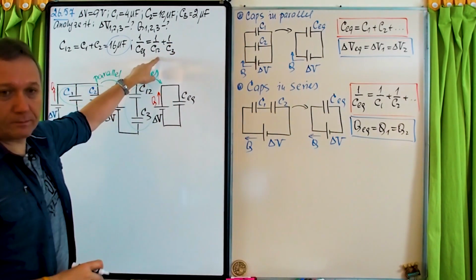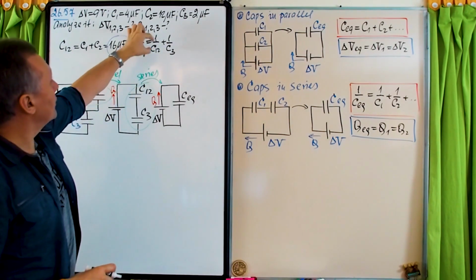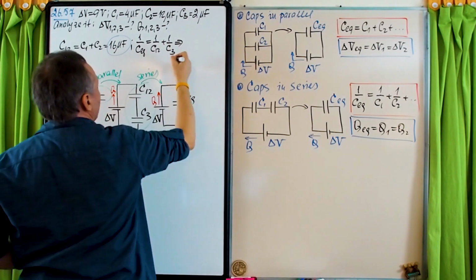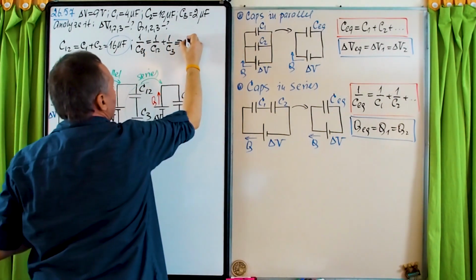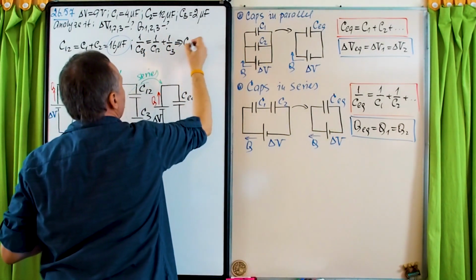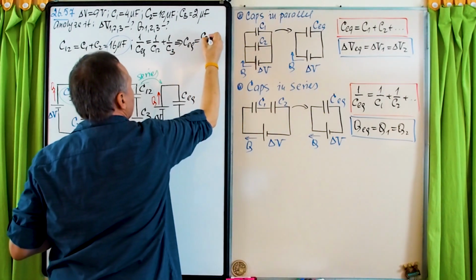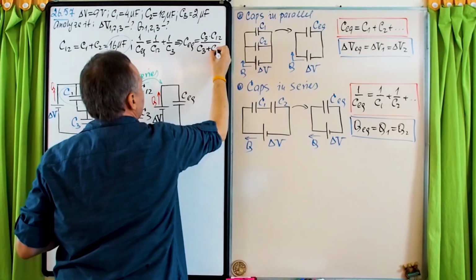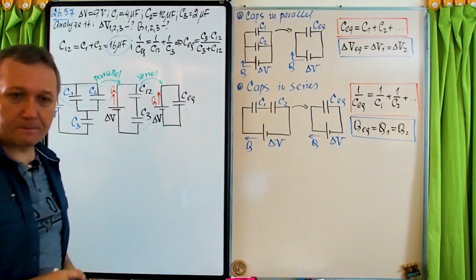Bring to the common denominator, and then flip it. So as a result, C equivalent will be equal to the product C3 times C12 divided by C3 plus C12.